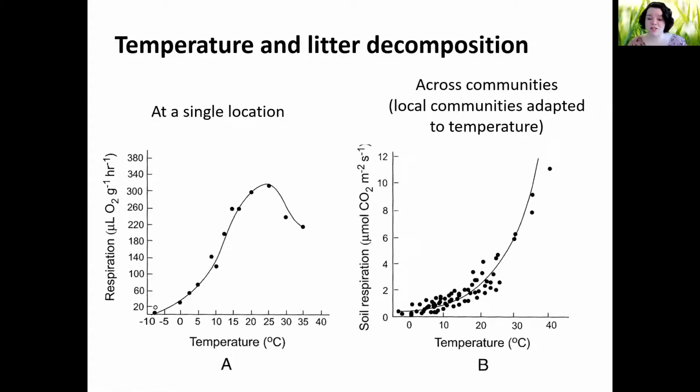Across many locations around the world, the relationship between decomposition and temperature is more linear or increasing. The warmer the location, the faster organic matter will decompose. This relationship is a consequence of local adaptation of the soil community to local conditions, such that they are optimized to function at the temperature where they live.